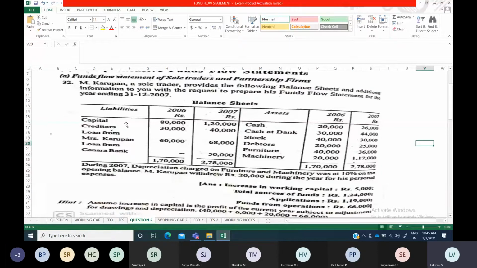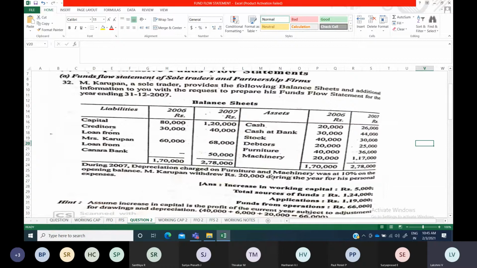Any kind of loan, unless it is a short term loan, is considered a long term liability. Long term liabilities come only in the fund flow statement, the third step. Depreciation will come only in the fund from operations calculation.